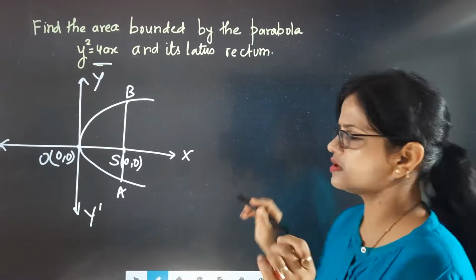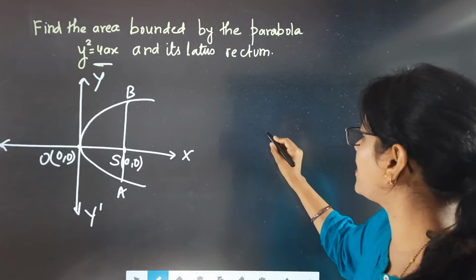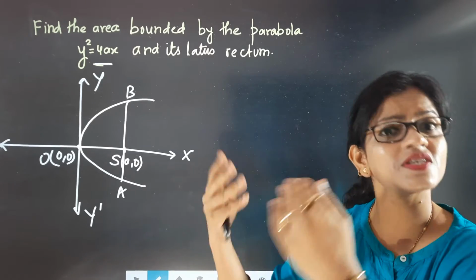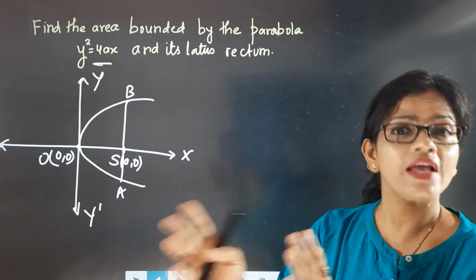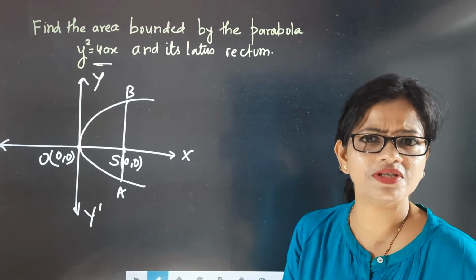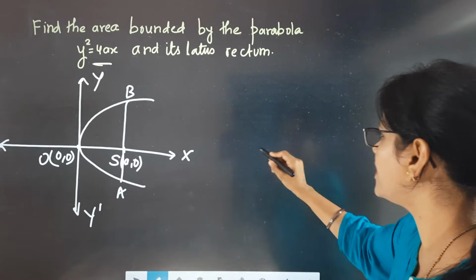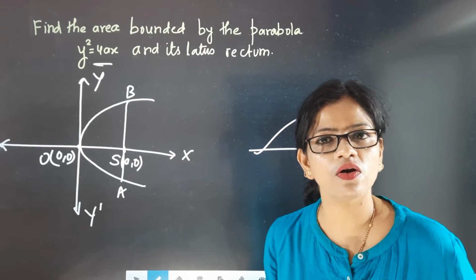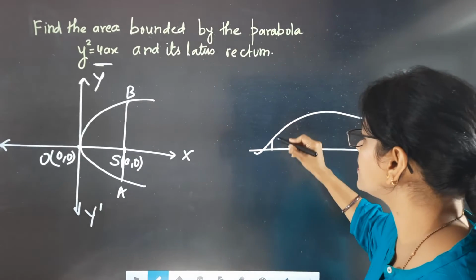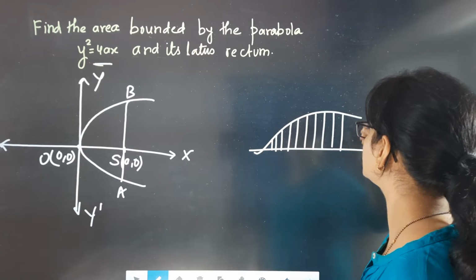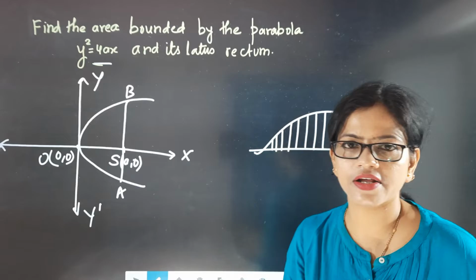Fine. Now if somebody tells you to find the area of a square, rectangle, or circle, you will say that there is a specific formula for those, because for a square it is side square, and for a rectangle it is length into breadth. But when any curved region is given to you and they tell you to find the area of this, then 100% you will convert this curve into vertical rectangular strips.